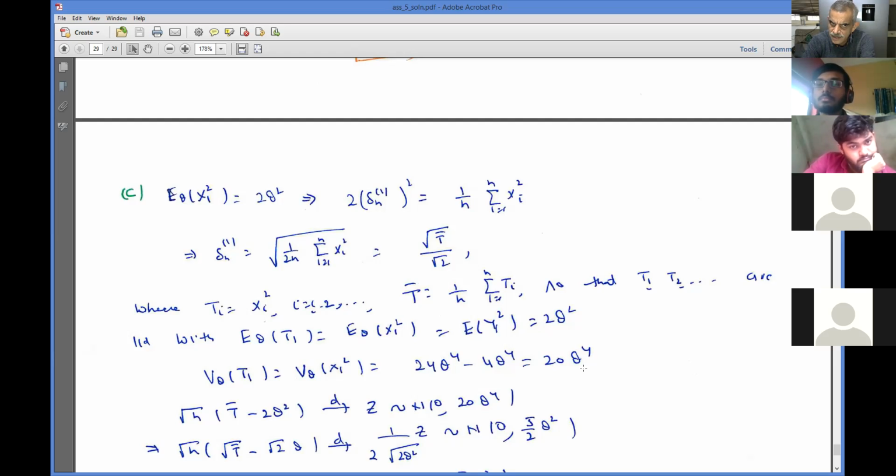So that means x1 square by theta square is the square of a chi square on 2 degrees of freedom. So expected value of x1 square by theta square would be nothing but the expected value of the square of chi square. And what is the expected value of the square of chi square with 2 degrees of freedom? 2.